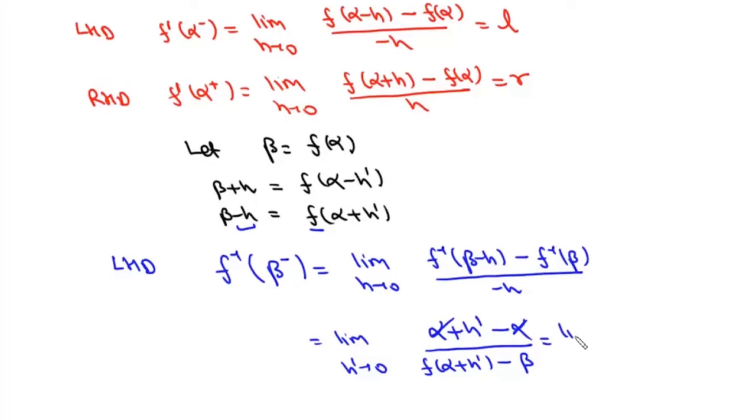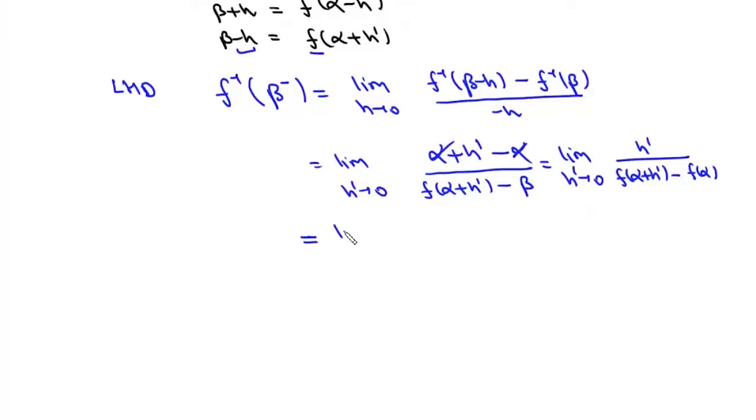Now this is limit h dash tends to 0, h dash upon f alpha plus h dash minus beta, and beta is f alpha. Now we can also write this as limit h dash tends to 0, 1 upon f alpha plus h dash minus f alpha upon h dash.